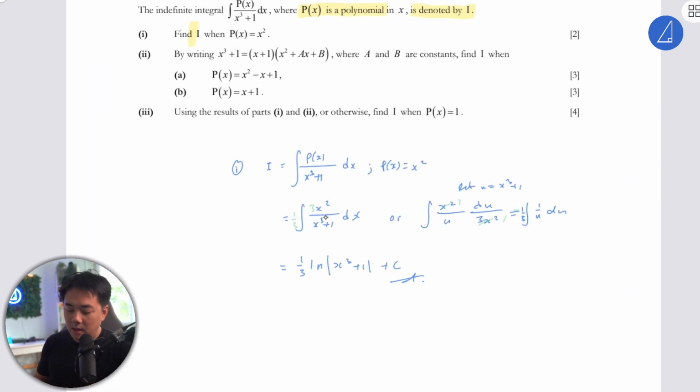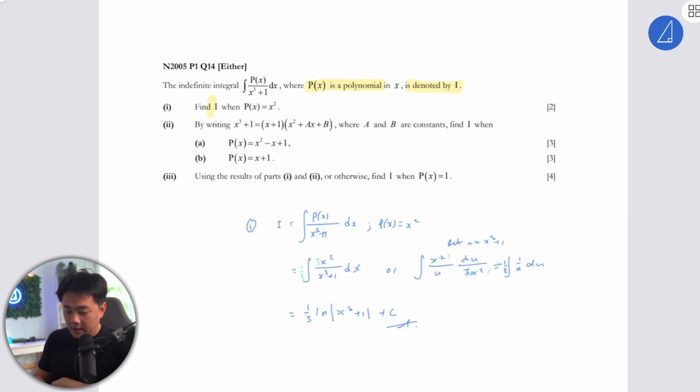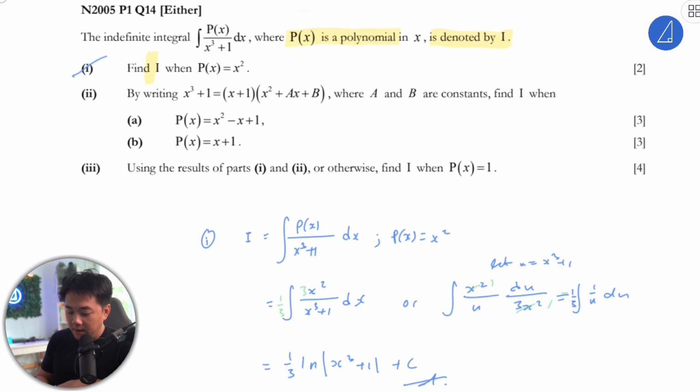So you can use the f prime of x over f of x method, or you can just use the u substitution. Doesn't matter. The next part will be part 2, writing p(x) over x cubed plus 1 in terms of partial fractions, where a and b are constants, and find the integral when p(x) is x squared minus x plus 1. Okay, let's look at that.